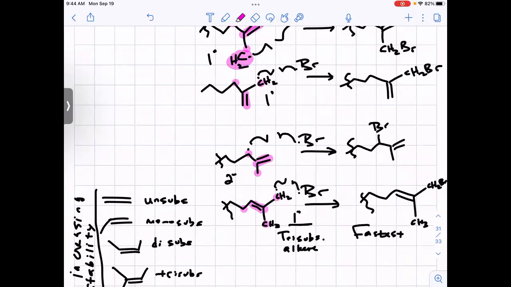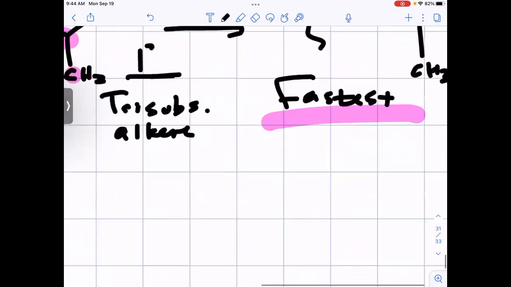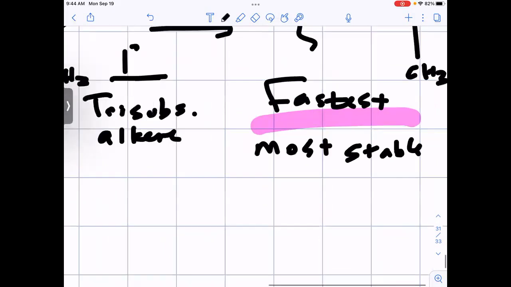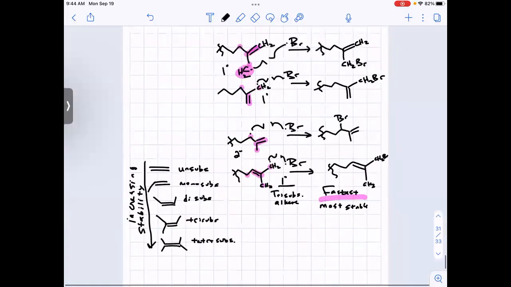So this is going to be the fastest, and it's going to be the most stable. All right, that won't always be the case, but for this particular example, it is. All right, any questions about that?